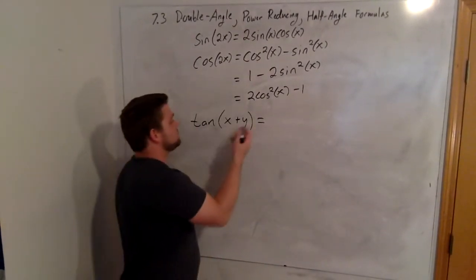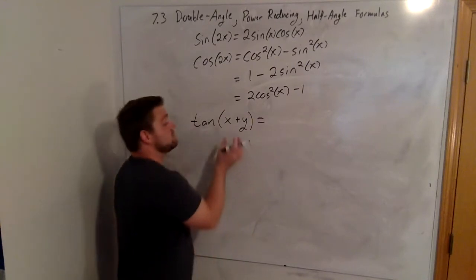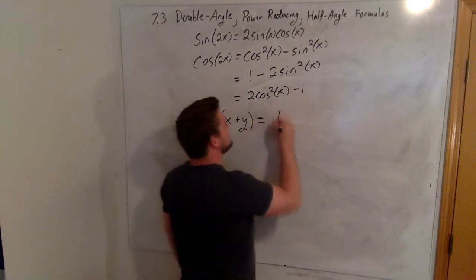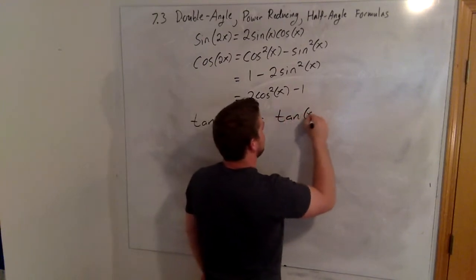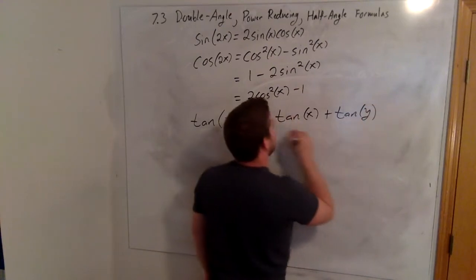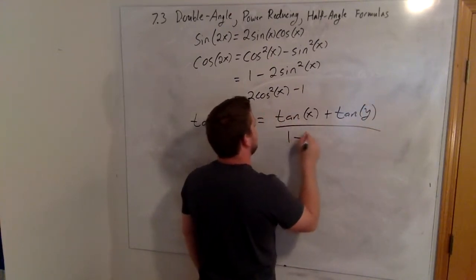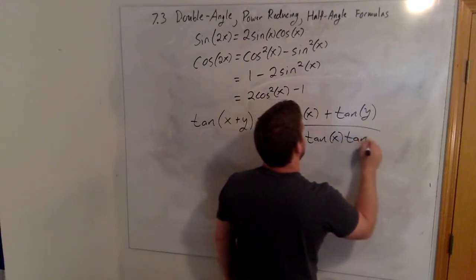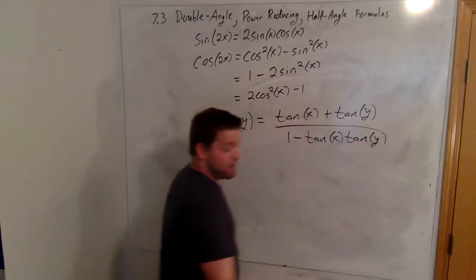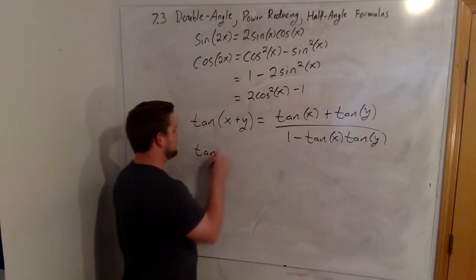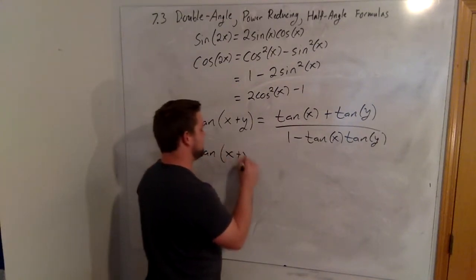So tangent of x plus y, and again, if you forget what the sum formula for tangent is, we can just look it up. I think it's the tangent of x plus the tangent of y all over 1 minus the tangent of x times the tangent of y. Again, this is in the back of the textbook. So let's make that replacement with an x plus an x.